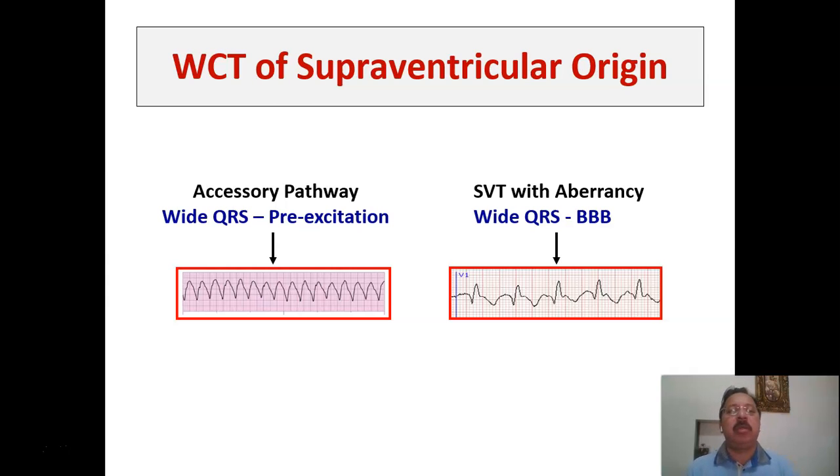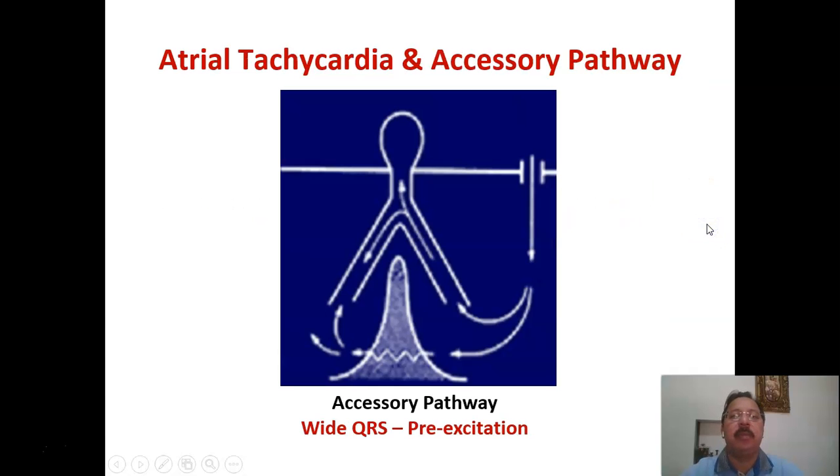So two main mechanisms of wide complex tachycardia of supraventricular origin are accessory pathway or pre-excitation syndromes, or the aberrancy, as with the bundle branch blocks, aberrant conduction. So first, atrial tachycardia and accessory pathway.